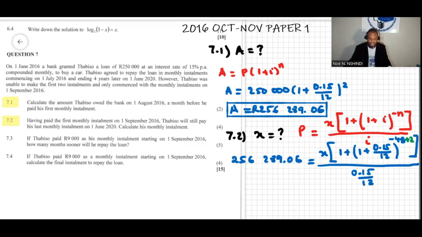Now we can just cross multiply, because over here the denominator is like 1. Remember, all these parts here form the denominator, so we can cross multiply. So we will do 256,289.06 times 0.15 over 12.